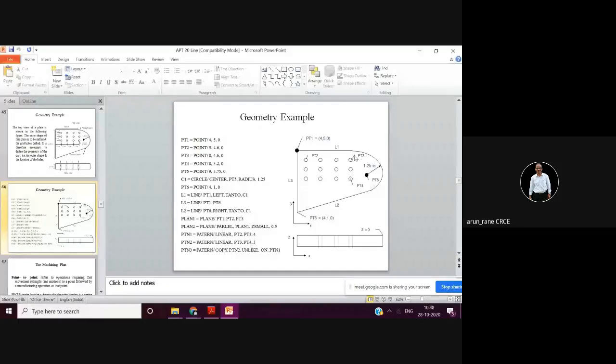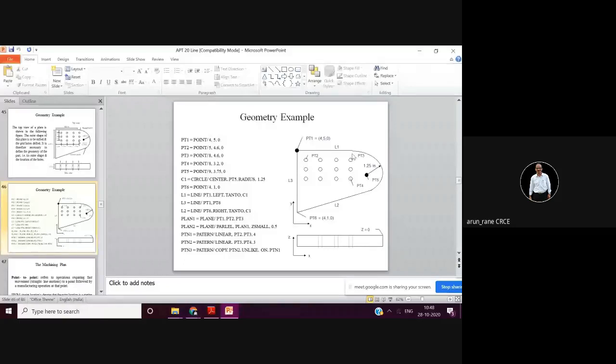Another way is you can define this line passing through 2 points. But for that you need to calculate this tangent point. If you name this point as, say, point 10, then you can simply say L1 is a line passing through point 1, point 10. Most simple.